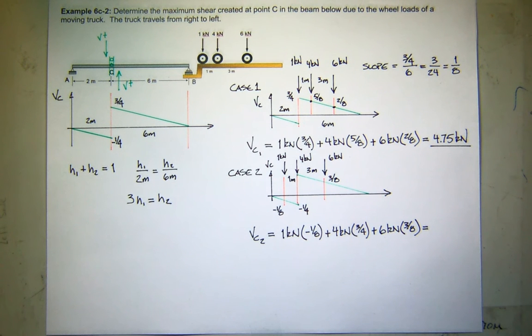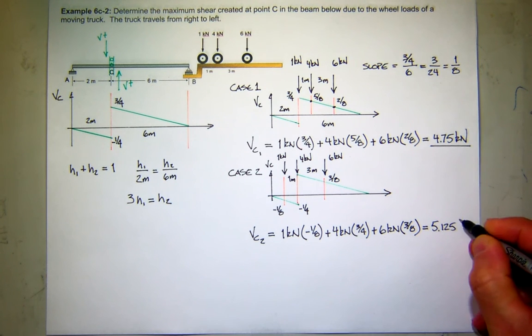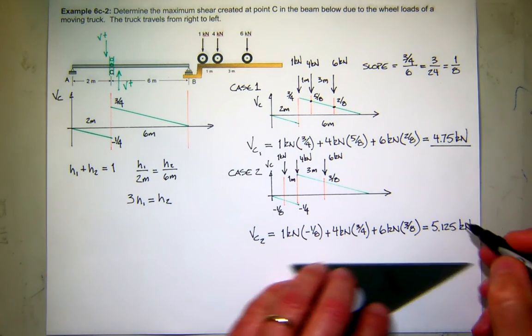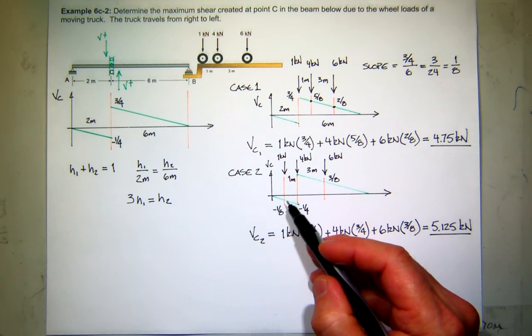What's that? 5.125. I'm guessing. Is it? So that's a more critical condition because you see the value is higher, even accounting for a negative contribution.